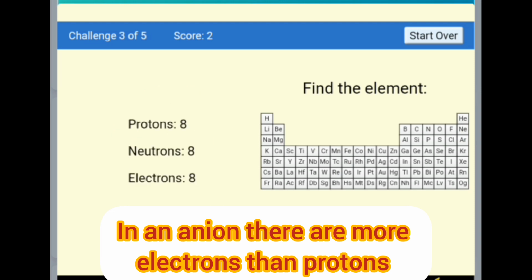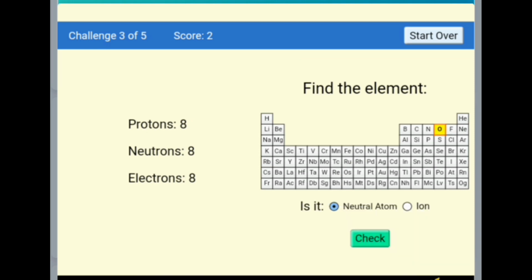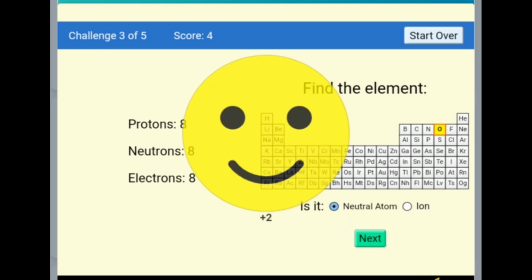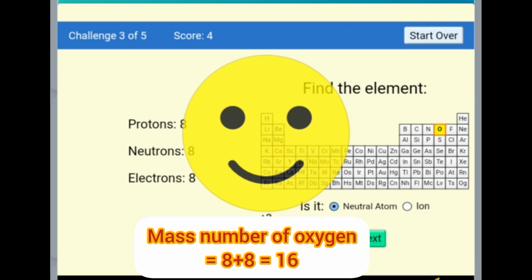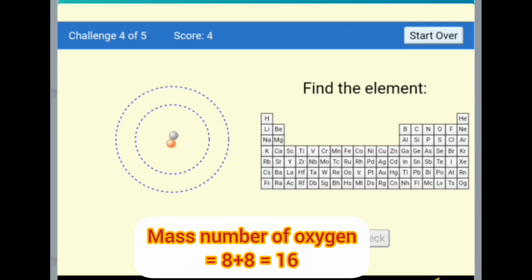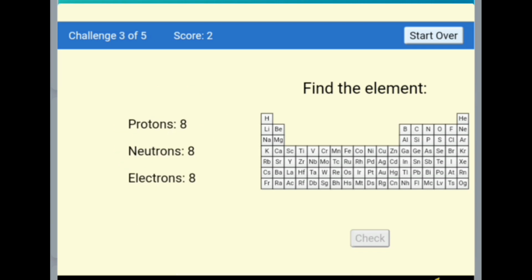So for this one, it will be neutral. The only element that has 8 protons is oxygen. It has 8 neutrons, which means the mass number will be 16. Proton number or atomic number is 8, and the number of electrons is 8. Because the number of electrons is equal to the number of protons, it is neutral.